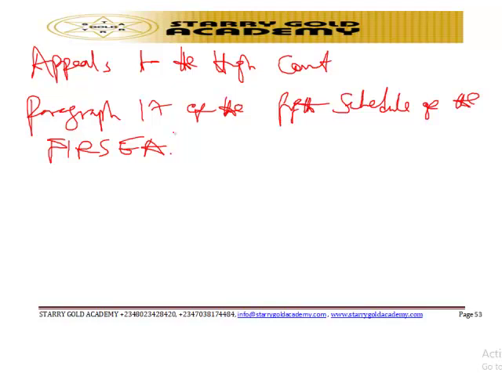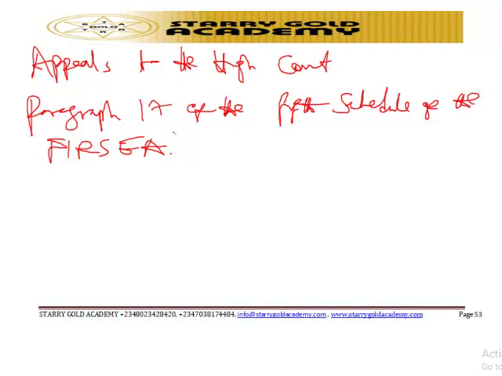So upon receipt of a notice of appeal under subparagraph 1 and 2 of this paragraph, the secretary to the tribunal shall cause the notice to be given to the chief registrar of the Federal High Court along with all the exhibits tendered at the hearing before the tribunal.